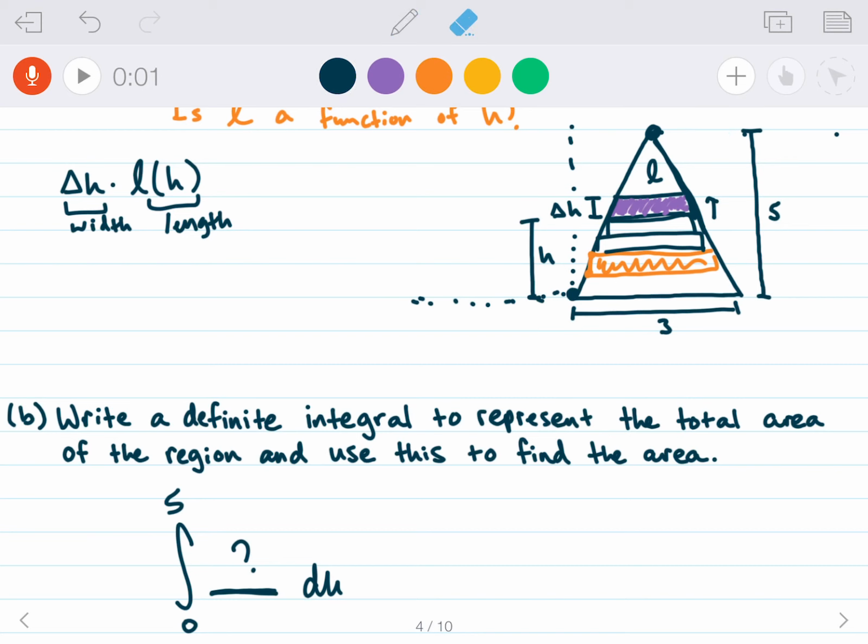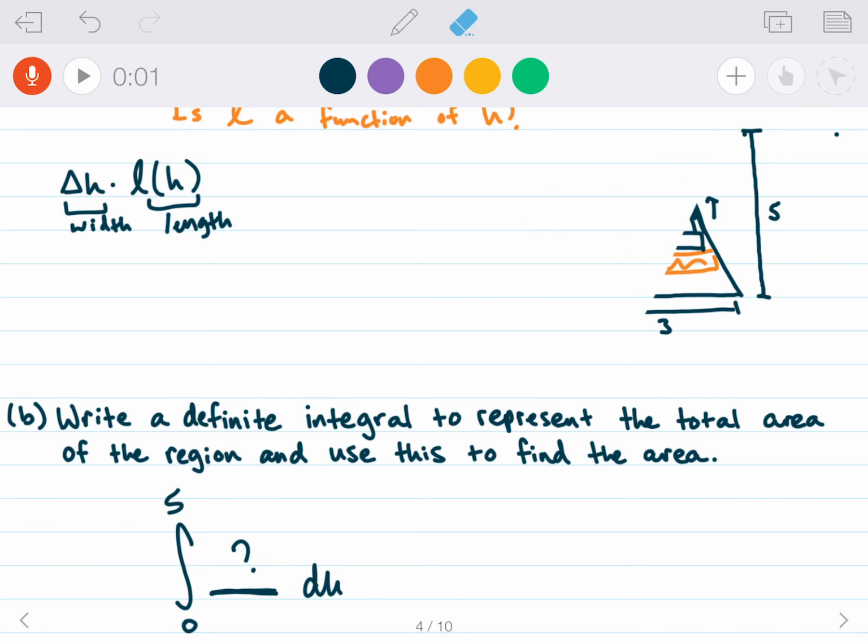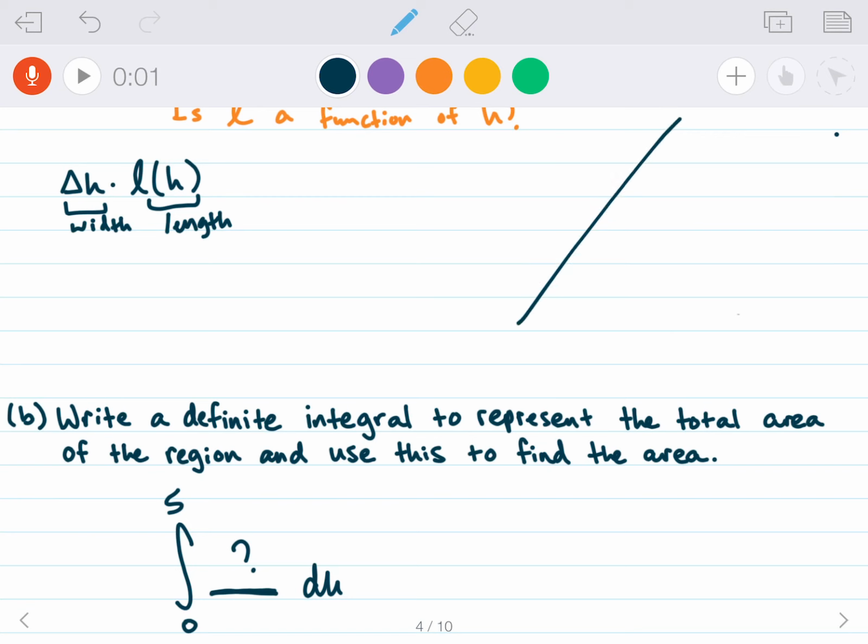Okay, so I might redraw this because it's starting to look a little bit messy. I am going to do that actually. Let's just redraw, regroup. So here's my little rectangle. Little bitty rectangle. And the guy has some height or some length.